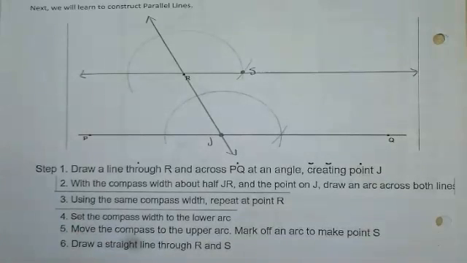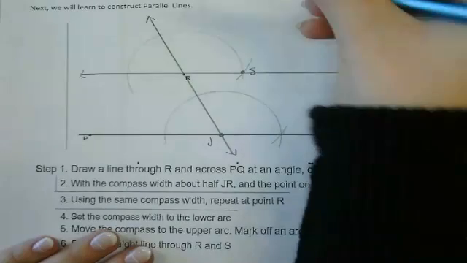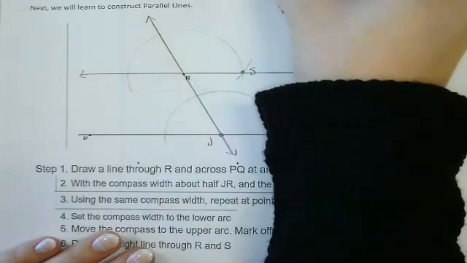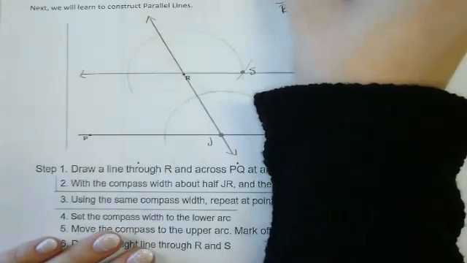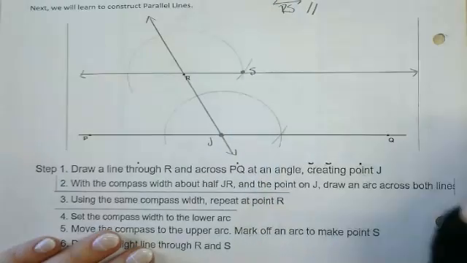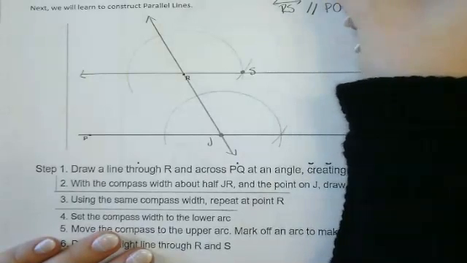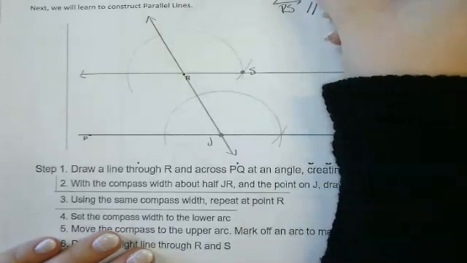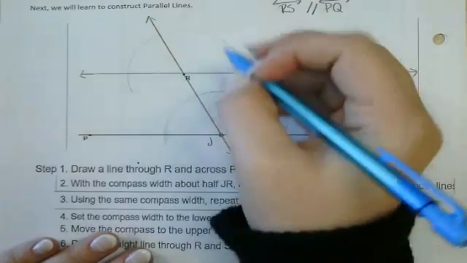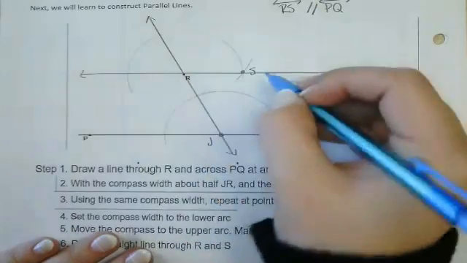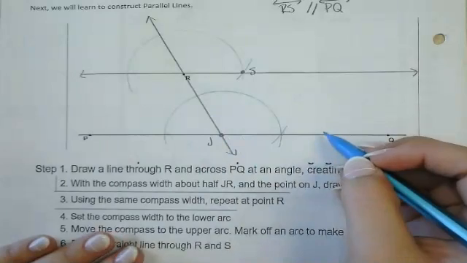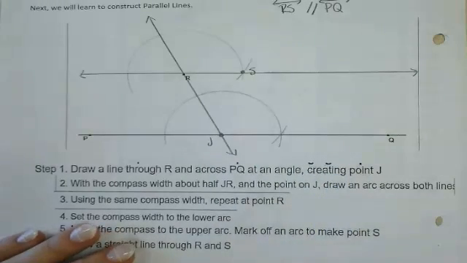And we know that these are parallel. So we know that segment RS is parallel to our segment PQ. Because the angles here and here should be congruent. Okay?